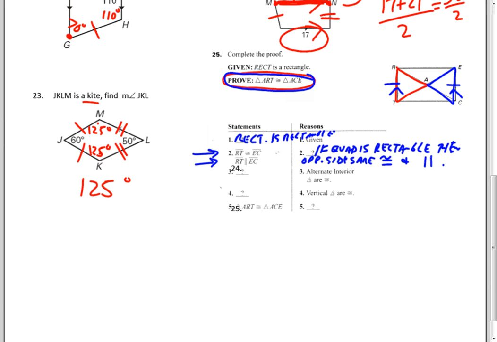For number 3, we're working backwards. We know what we would like to talk about. We'd like to talk about alternate interior. But it's got to be inside of the triangles that we're attempting to get to. So if I'm being told that those are the triangles, and I want alternate interior angles, then I would either go for this one and this one, or the other 2. I'm just going to go for where I put the dots.